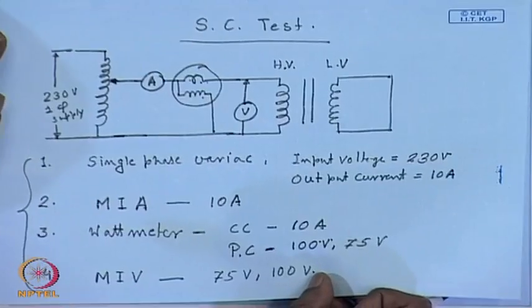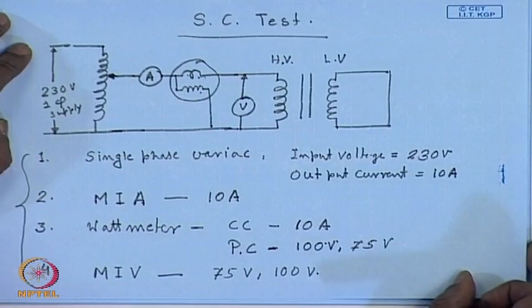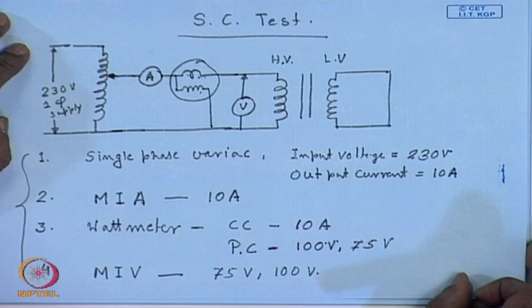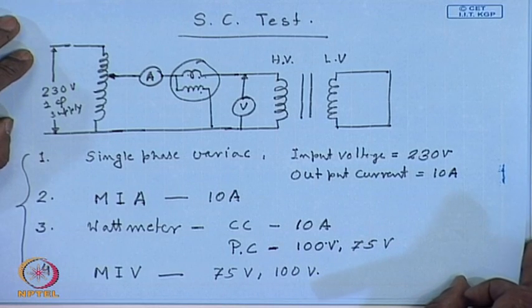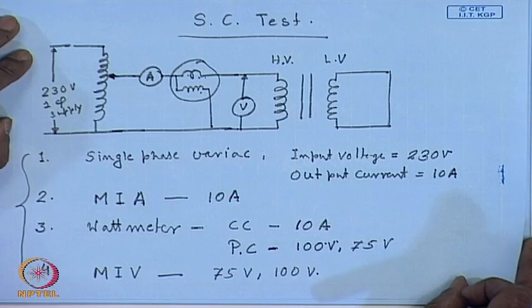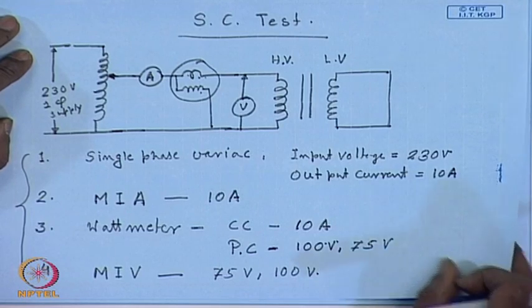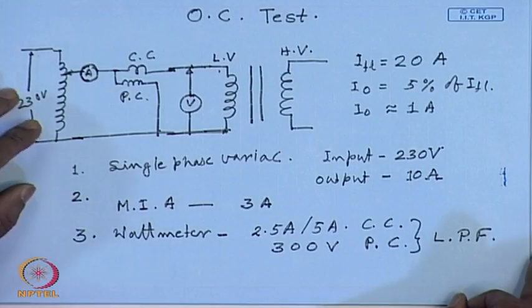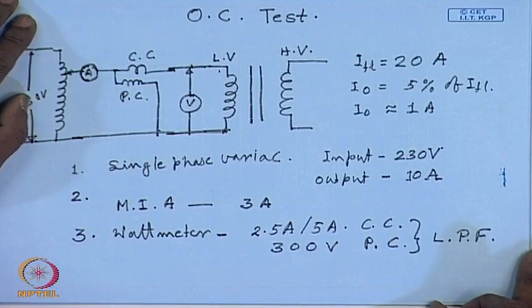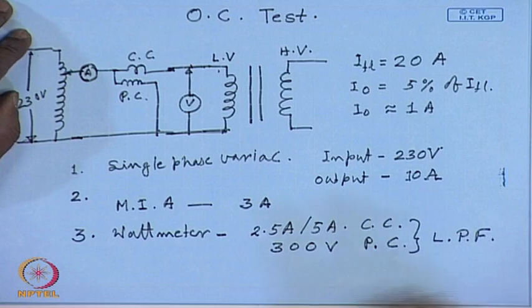In the short circuit test the power factor may also be poor, but usually it is not as poor as in the open circuit test. So, possibly a normal wattmeter will be sufficient for the short circuit test, but for the no load test a special low power factor wattmeter, which measures accurately below a power factor of 0.2, must be used.